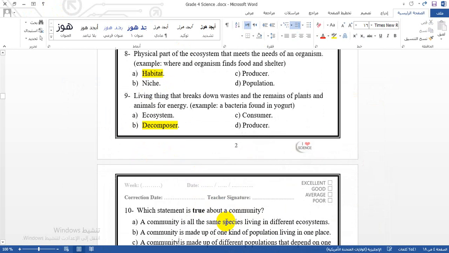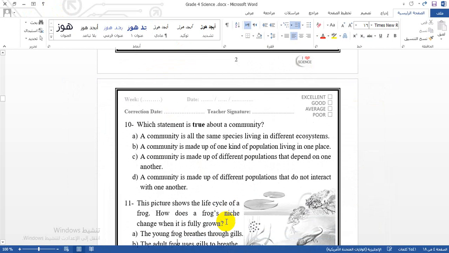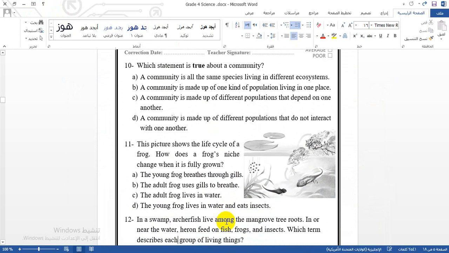Okay, let's go down and see what we have here also. Number 10. Which statement is true about the community? So what exactly? Is a community all of the same species living in different ecosystems?